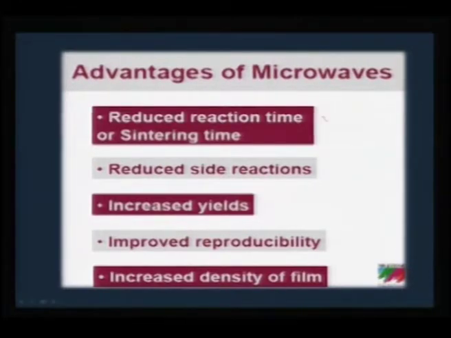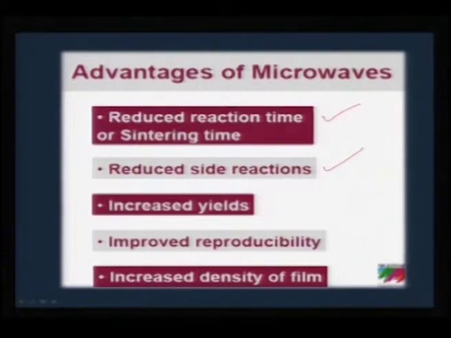Number one, it is reduced reaction time, or if you think about sintering, I will come to this issue later in some of the examples. We can tremendously lower the reaction time scale, and we can also avoid side reactions. Therefore, microwave heating is more selective, and especially in organic synthesis.